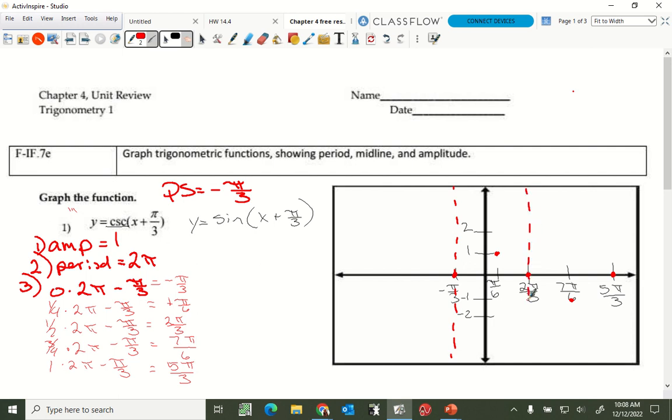All the zeros are going to be asymptotes. So since those are the asymptotes, my minimum is going to go down. And the maximum is going to go up. Like that.